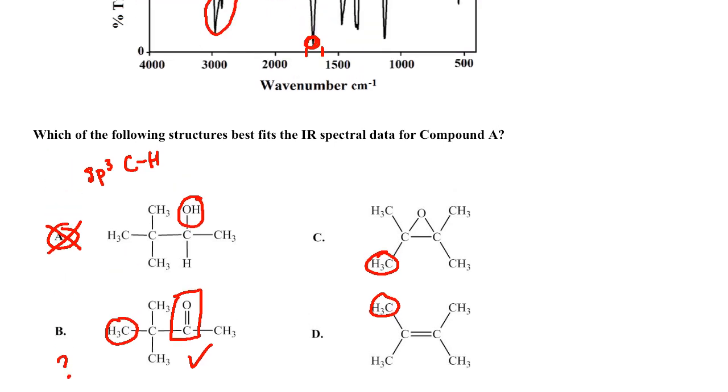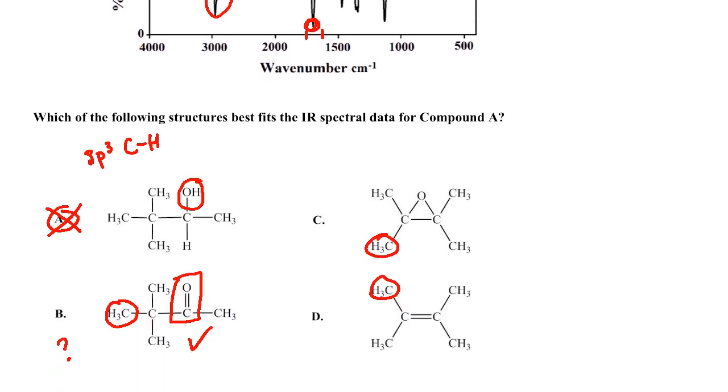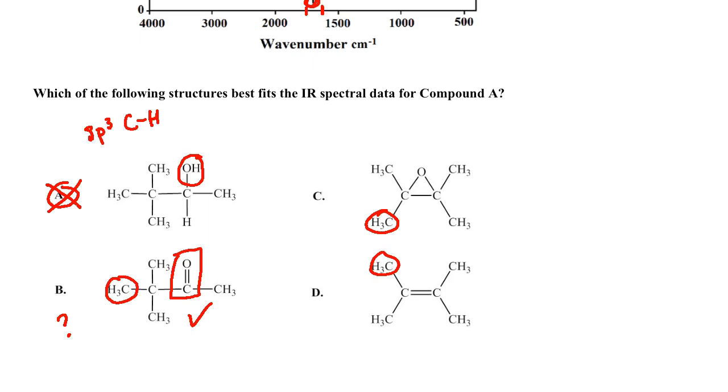We're going to look at the other ones just to make sure. Now what's interesting is because I probably have a carbonyl peak there, I can eliminate anything else that doesn't have a carbonyl. Remember that we're all about saving time when we're doing this type of problem solving, especially under the idea of the MCAT. That means there's no carbonyl that I find in C, and there's no carbonyl that I find in D. So let's not spend time searching for carbon-carbon double bonds and everything else.